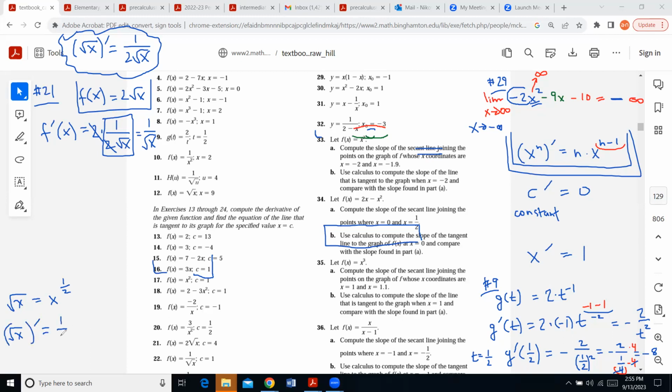So 1/2 goes on the ground, and x will be raised to the power of 1/2 minus 1. Right? We subtract 1 according to the formula. Whatever the power is, we subtract 1. And this gives us negative 1/2.